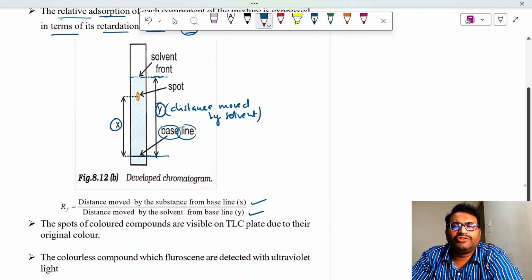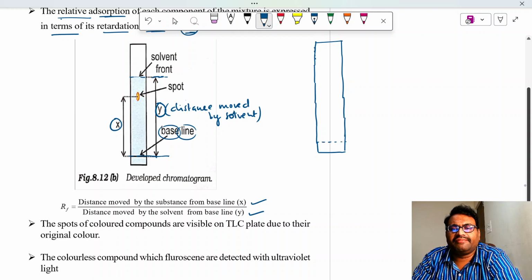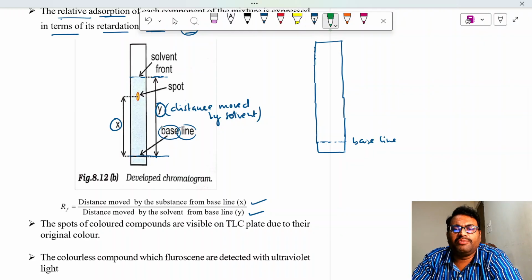Okay. So let us see some questions on calculating the RF value of different substances. Let us take this as the baseline. From here, A moved to a distance of 2 centimeters.